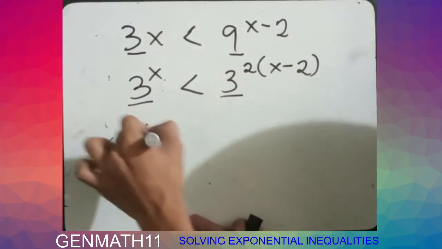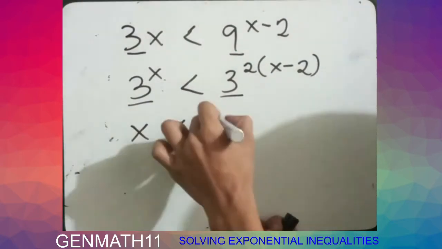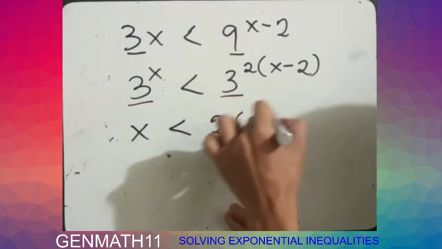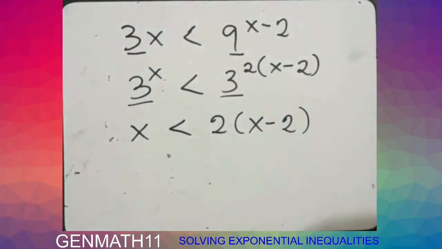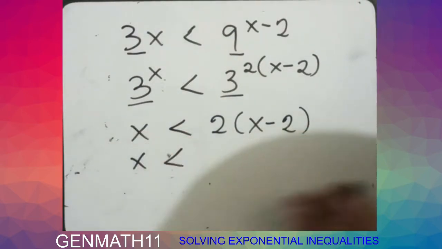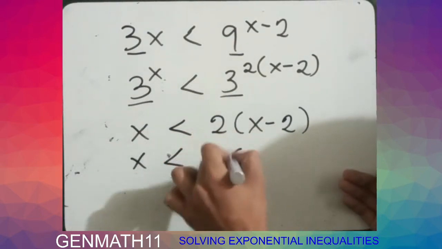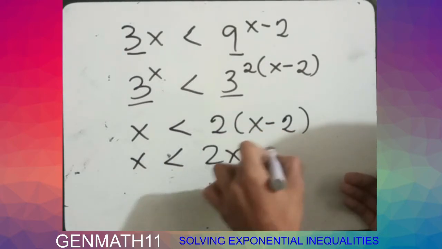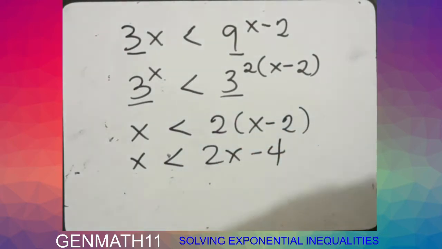X is less than 2 times x minus 2. Okay. Simplify natin. X is less than 2 times x is 2x. 2 times negative 2 is negative 4. Okay. Next, pagsasamahin natin yung may x.